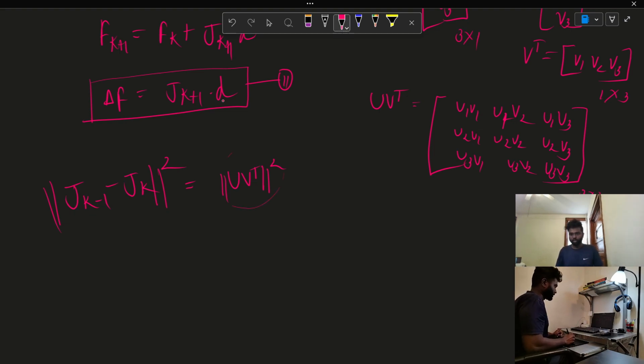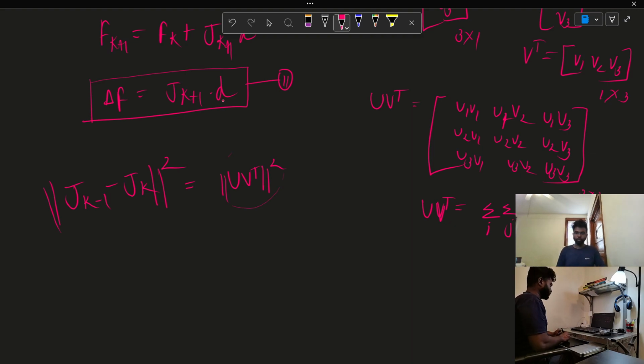You can write u v transpose in the form of double summation, summation over i, summation over j, of u_i v_j. This is similar to this, we are just writing it in summation form.